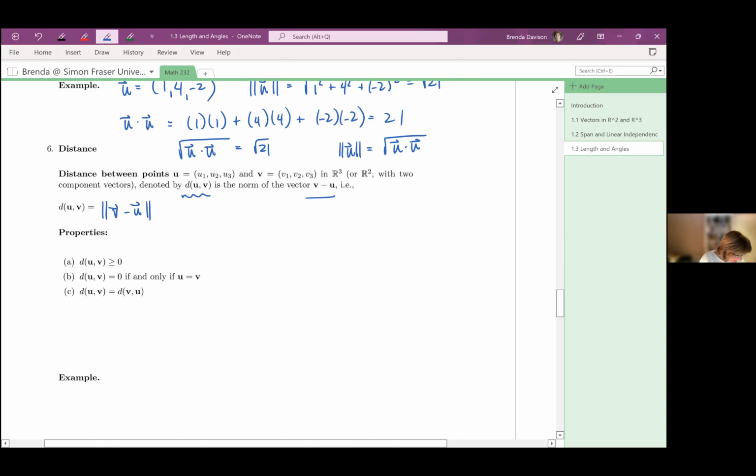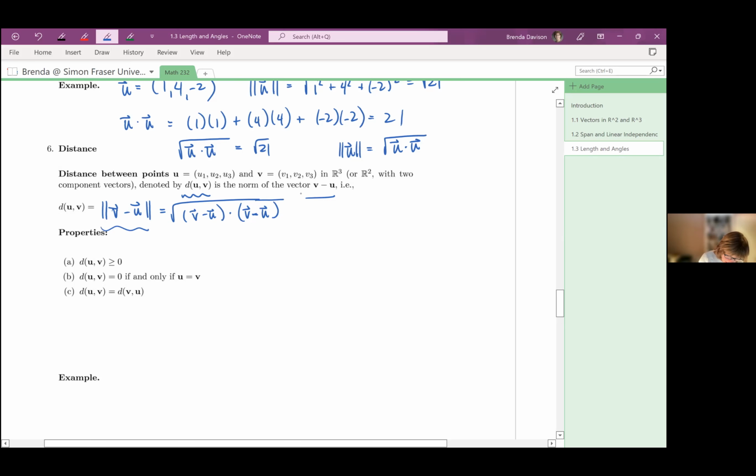Okay, so the norm of v minus u is equal to the square root of v minus u dot v minus u. There it is. Okay, so then we just established above the norm of a vector, which is considering the vector now to be v minus u, is the square root of the dot product of that vector with itself.